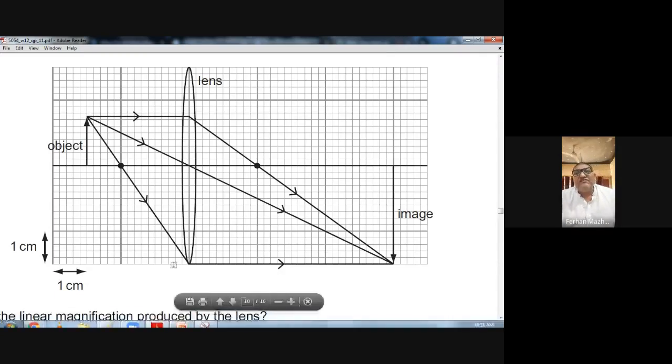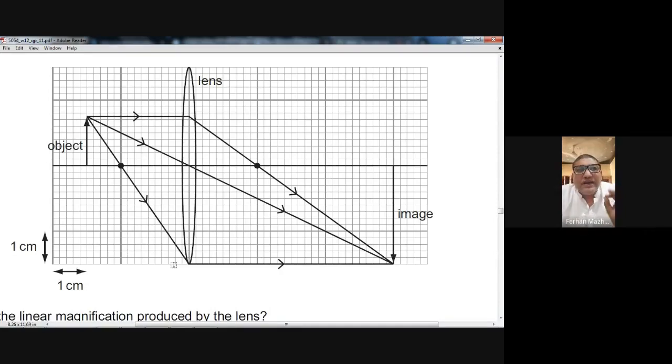So divide 15 by 7.5. Height of the image divided by height of the object, and I got those numbers by counting the small squares. So it's very easy, and you will get the linear magnification.